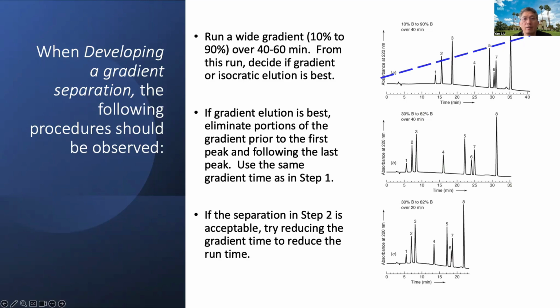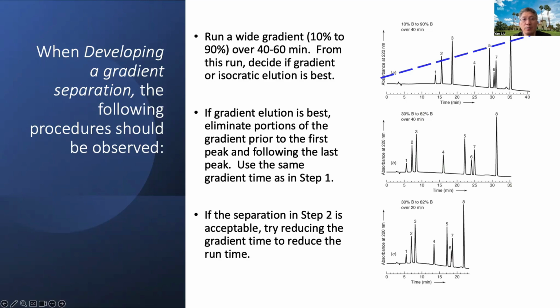If a gradient run is necessary, we will then look at the chromatogram. As indicated on the top chromatogram, there are blank areas where no peak is observed, such as before 13 minutes and after 36 minutes. Those areas contribute nothing to the separation but the mobile phase waste.